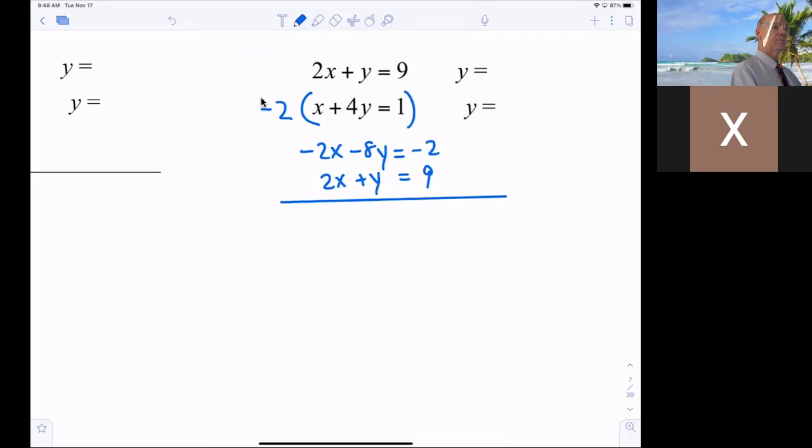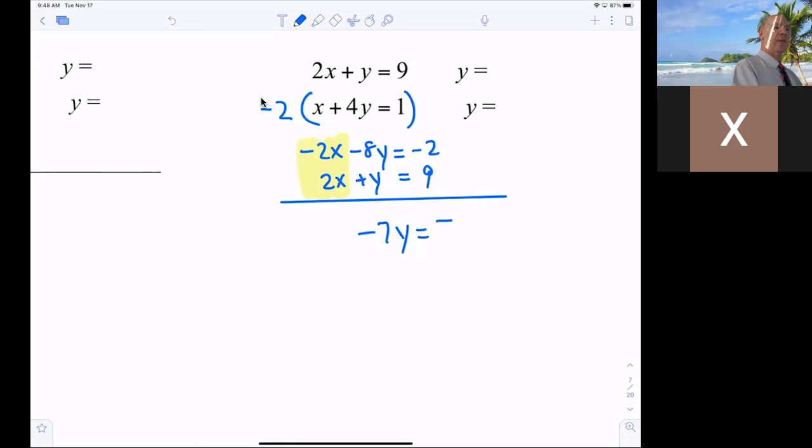Then what happens? What happens to these? Well, those cancel. So now what do I have? Negative 7y equals 7.